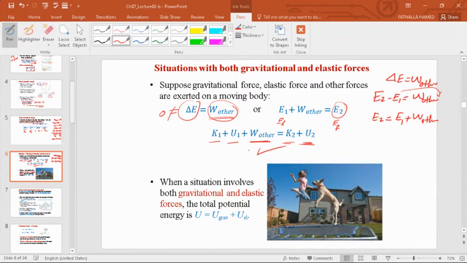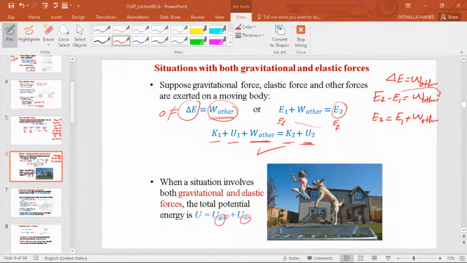Now, you may have cases when gravitational potential energy and elastic potential energy are present at the same time. So you have a case here, a little girl and a dog jumping on something that has elasticity, so it has springs. We'll deal with examples where we have the presence of both gravitational and elastic potential energy.